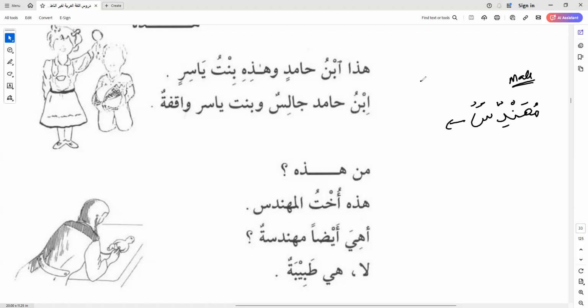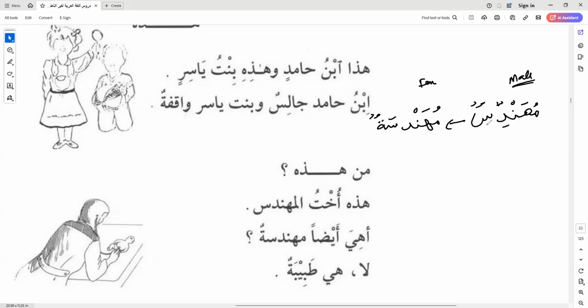So how do you get a female? Again, by adding what? The taw marbuta. So you have to say muhandisa. Muhandisatun, with my taw marbuta here.